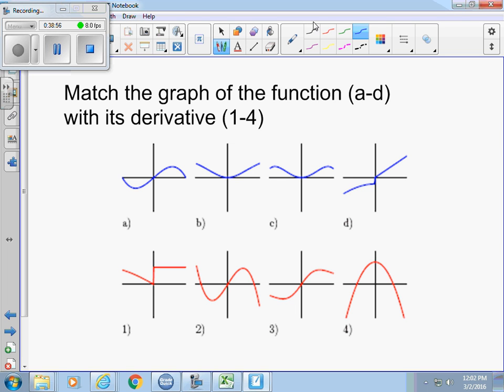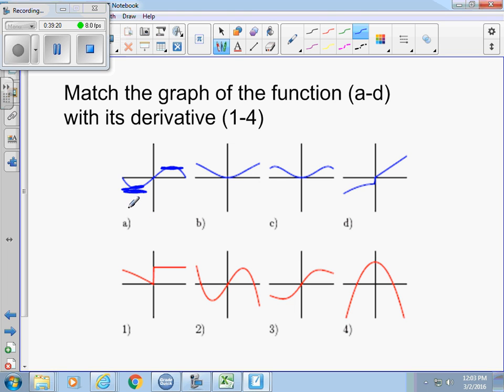What's a derivative again? Slope, right? So, first thing I would look at is these two points. Why? What do I know about those two points? What is the slope at those two points? 0, right? It is a horizontal tangent line, and the slope of a horizontal line is 0.